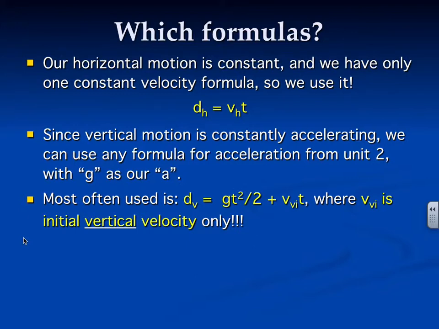But I changed the a to a g, and I added a couple little v's that stand for vertical, because this is up and down. So again, this is how fast am I going up and down initially, and this is how far up and down did I move. The d stands for displacement, not distance. So if I went up and down and landed at a different height than I took off from, the d is just calculating from start to finish. It's not calculating the distance, it's calculating the displacement.